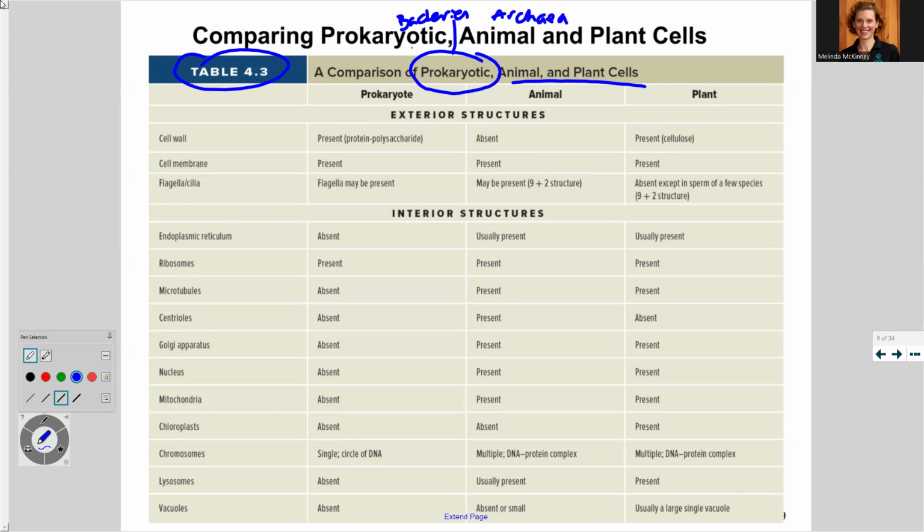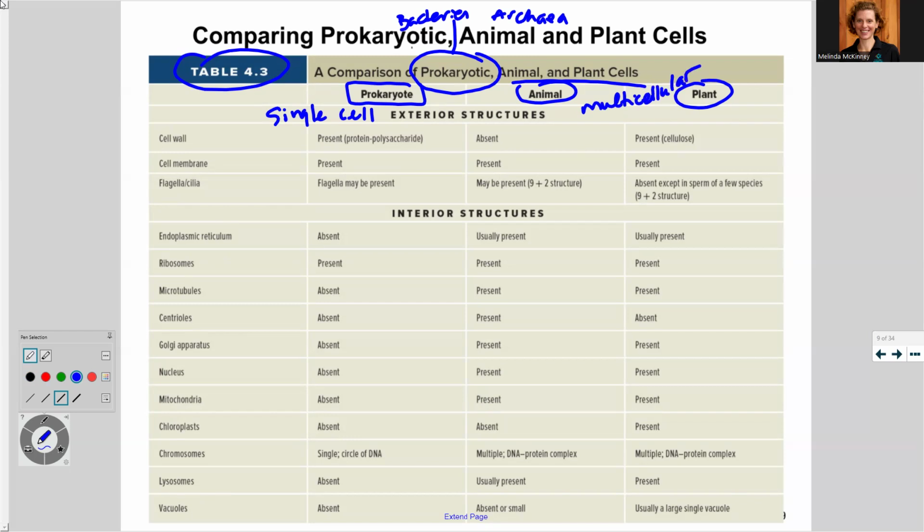These are single cell only. Over here, animals are going to be multicellular, and so are plants.